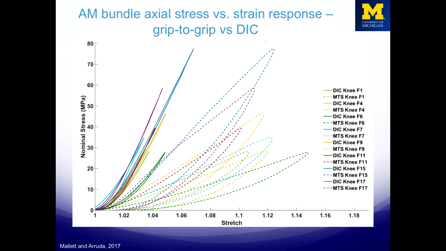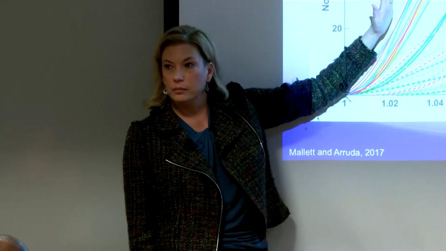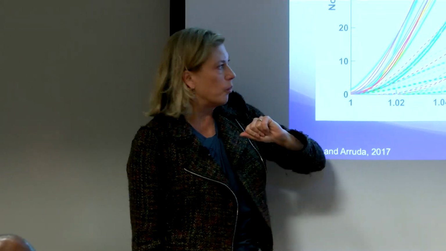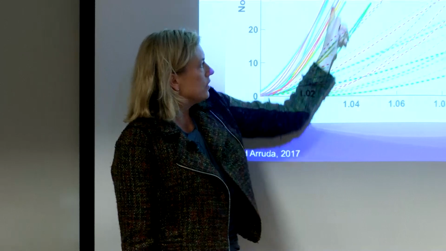So this subject-to-subject variability that we've been led to believe we have to live with may not actually be a thing, right? Measuring at the tissue level, we get much more repeatable results. We also see that the tissue is stiffer than previously thought and often reported. And this hysteresis at this strain rate is really not a big deal either. So the viscoelasticity may not be as big a deal as the nonlinearity.